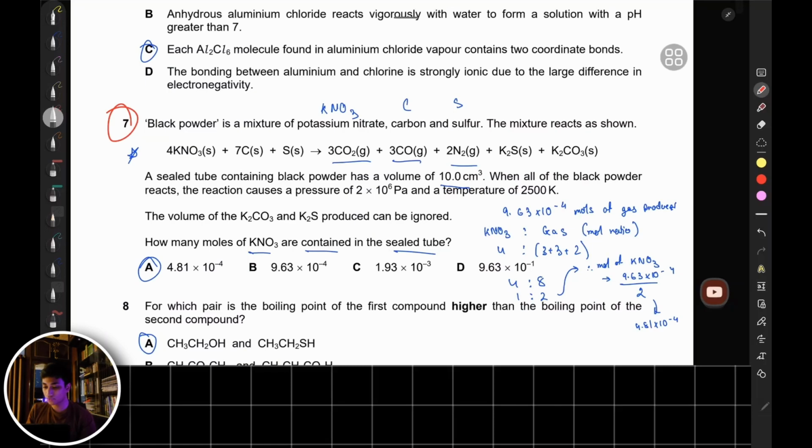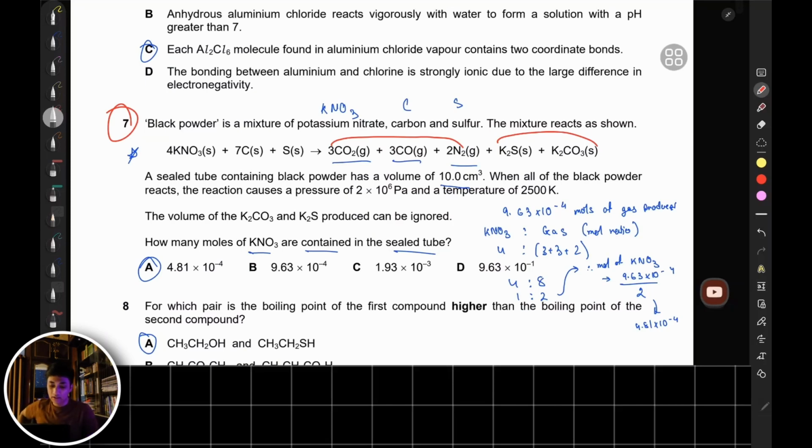All of these react to form these gases and these solids. A sealed tube containing black powder has a volume of only 10 cm3. When all of the black powder reacts, the reaction causes a pressure of 2 into 10 to the power 6 pascals and a temperature of 2500 Kelvin.